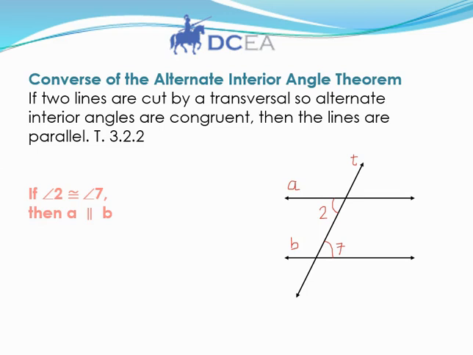If angle 2 is congruent to angle 7, then line A is parallel to line B. That was theorem 3.2.2. Be sure that you have these on your paper with the theorem number, and which angles they involve.